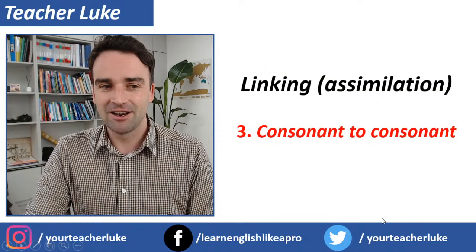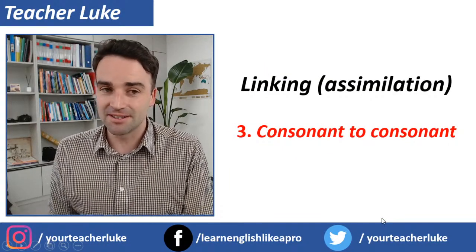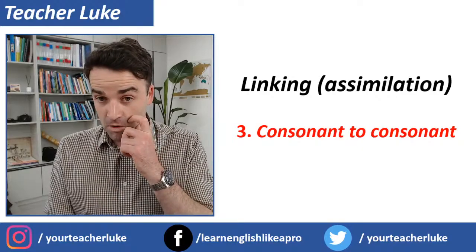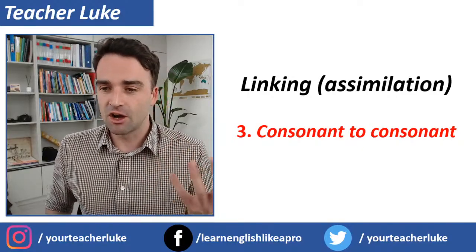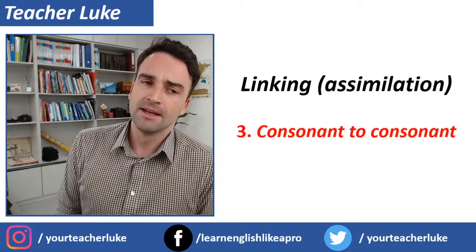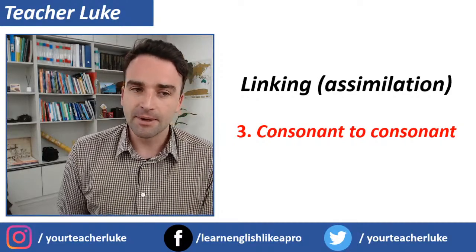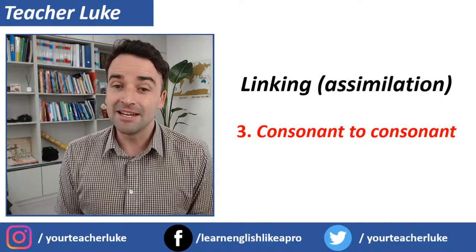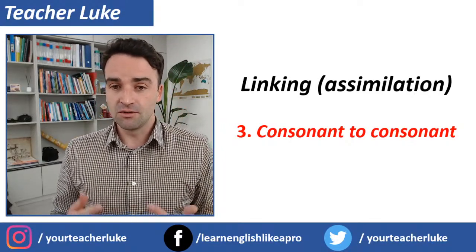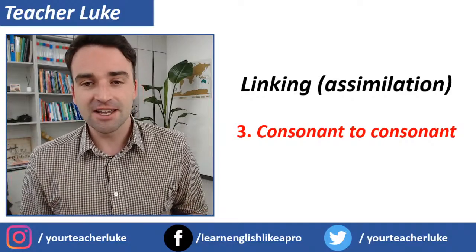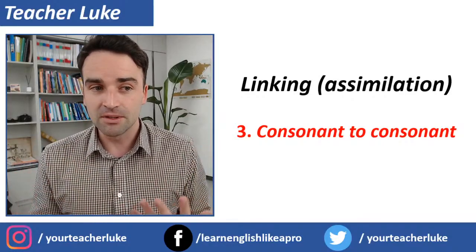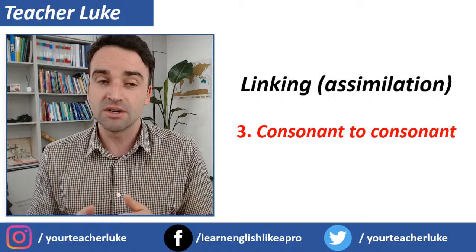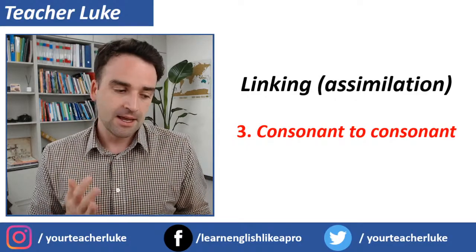Now let's take a look at consonant to consonant. This one is a little bit more complicated again. This is the most complicated form. We call it linking, but another name, if you want to be a bit more specific, is assimilation. If you're interested in English pronunciation and you want to Google more examples for consonant to consonant, you can Google assimilation.